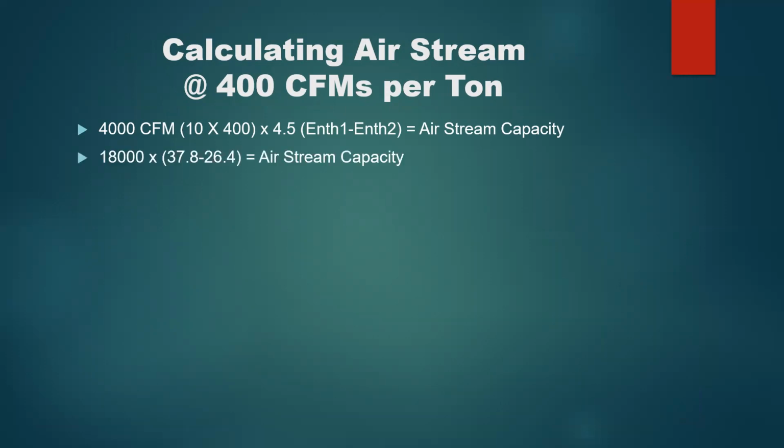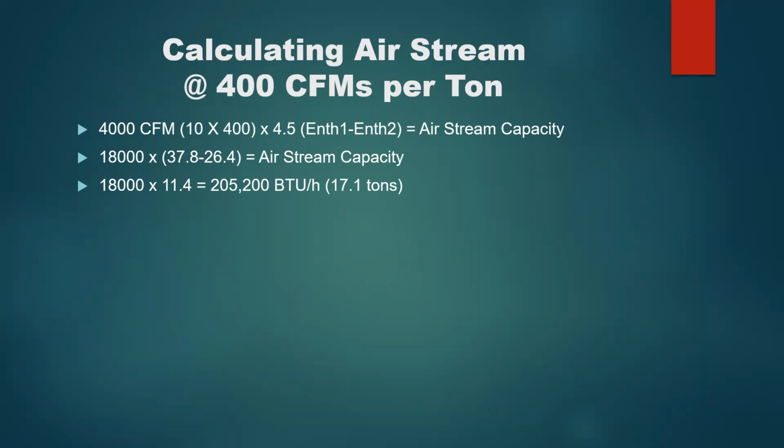In this case, design outdoor is 37.8 and design indoor is 26.4, because we've got to reach dew point. 18,000 is the 4,000 CFMs times 4.5, and the 11.4 is 37.8 minus 26.4, which gives us a total of 205,200 BTUs an hour, or 17.1 tons.